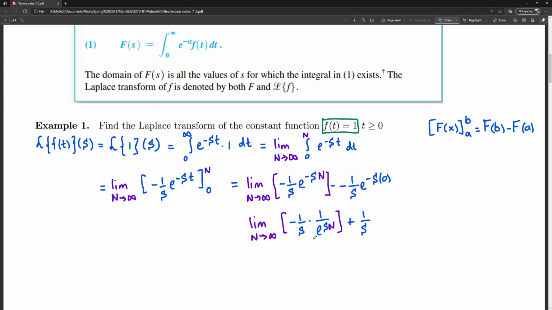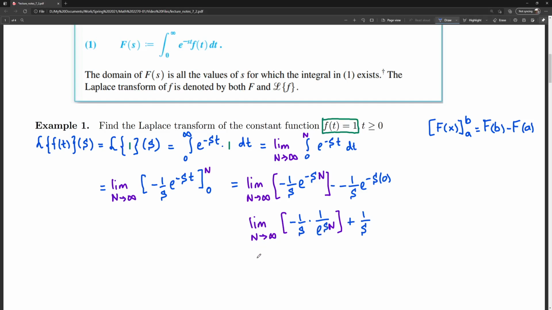Now what I need to figure out is what happens to this limit here. If s is positive and n grows to infinity, then the exponent of e goes off to positive infinity. And what happens to the exponential function when the input goes to infinity is that it goes to infinity.